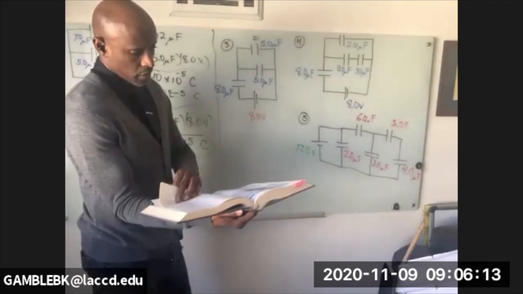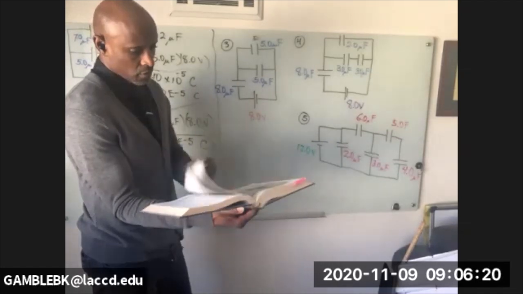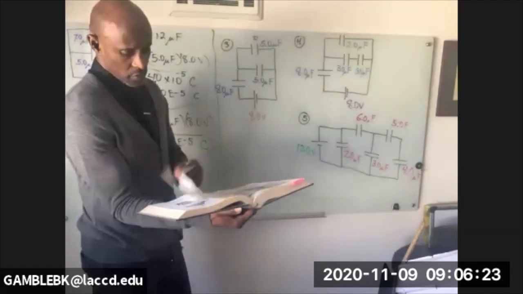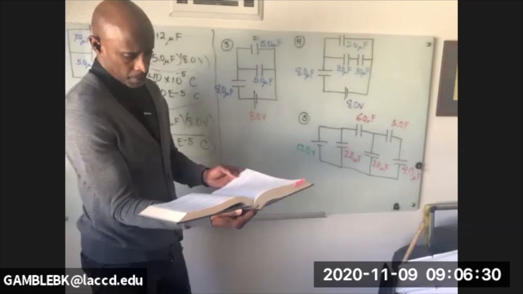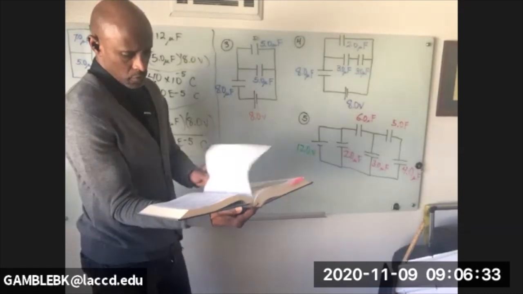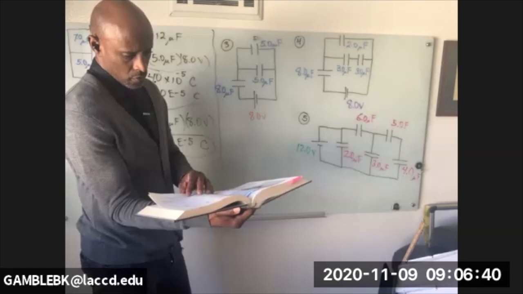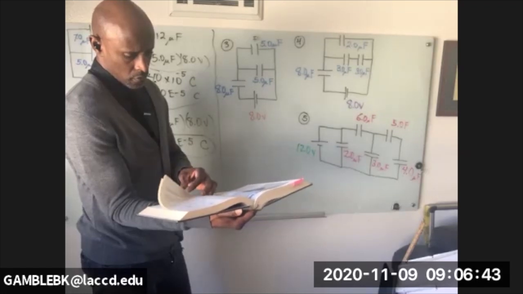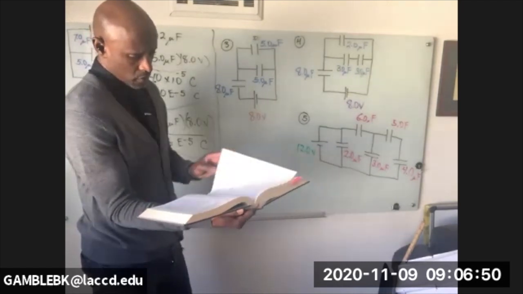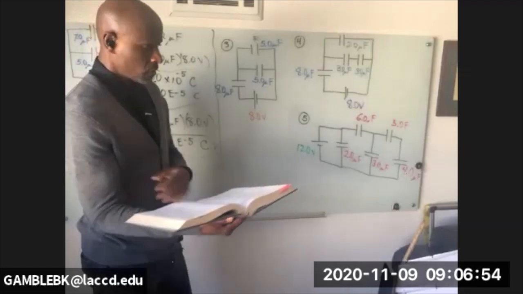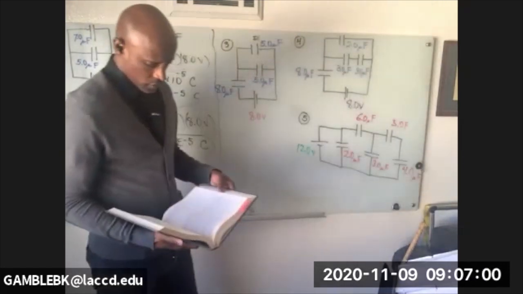And the next chapter is capacitors together, that makes magnetism. We'll do DC circuits.